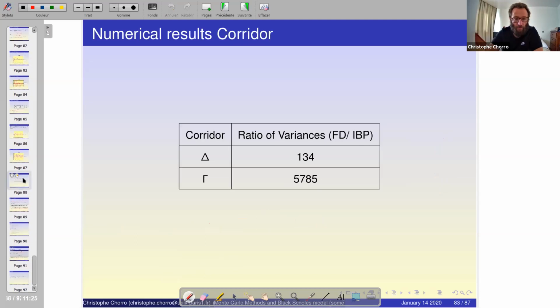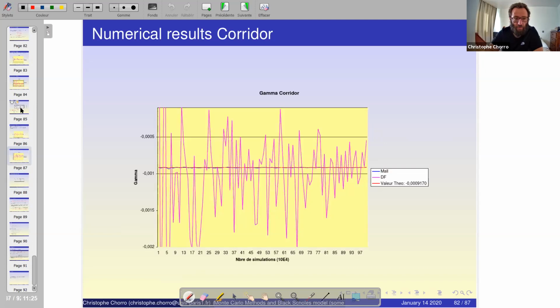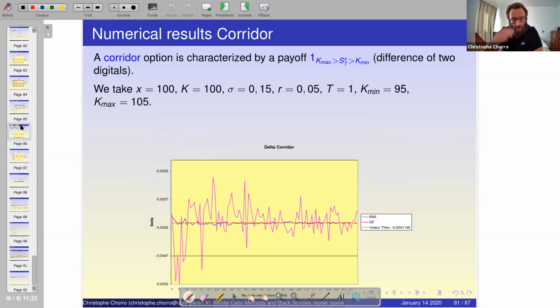So what I have done here, excuse me, is that I am in the situation where I will consider another kind of option that is what we call the corridor. In fact, it's the difference between two digital options considered in the previous way.